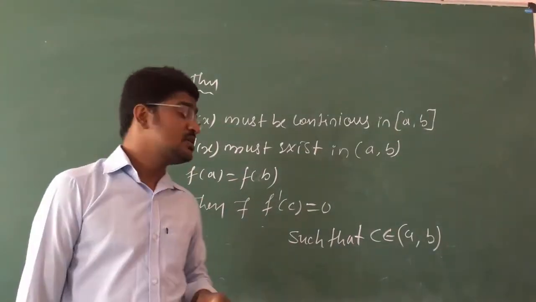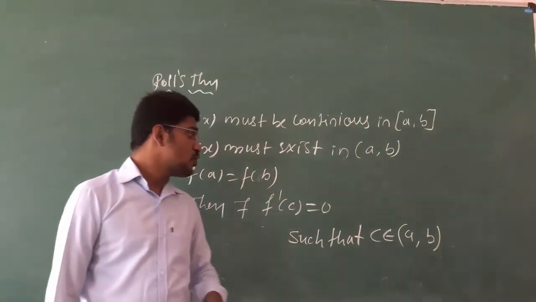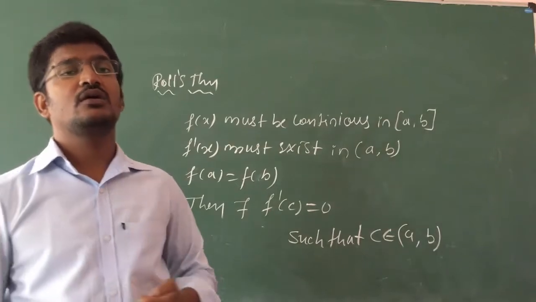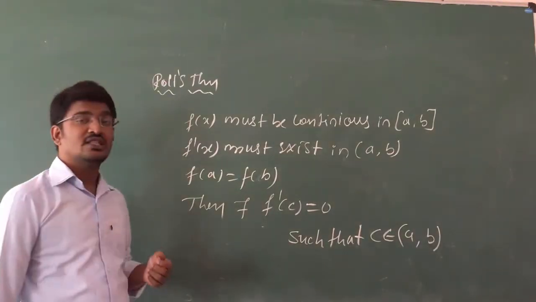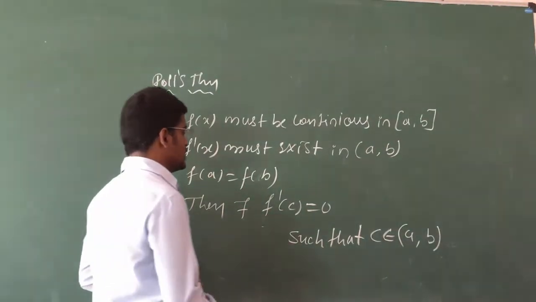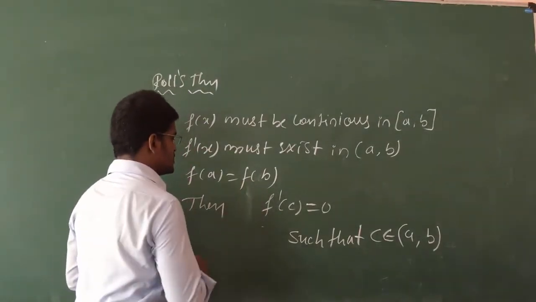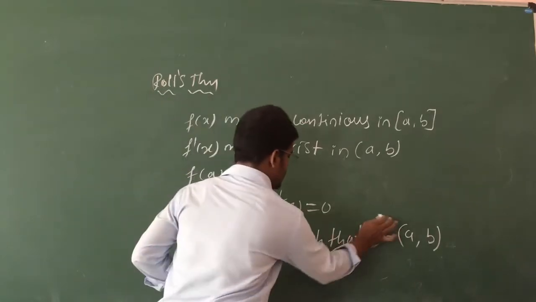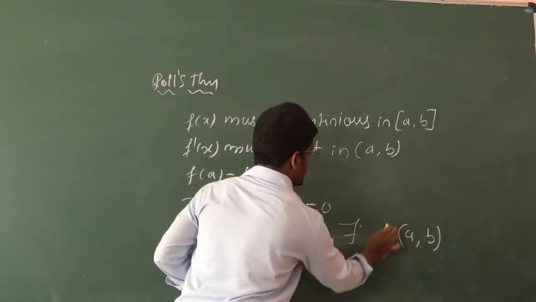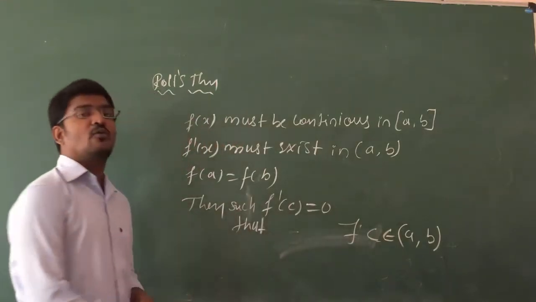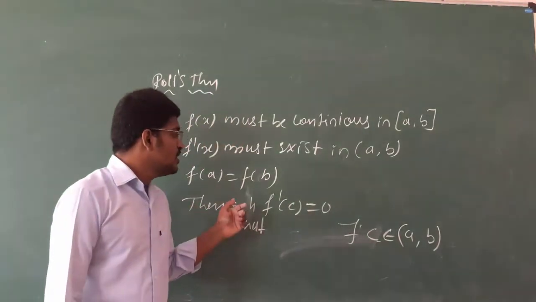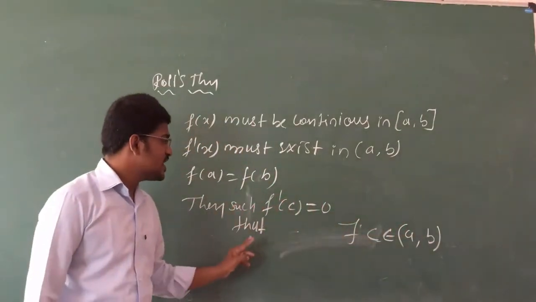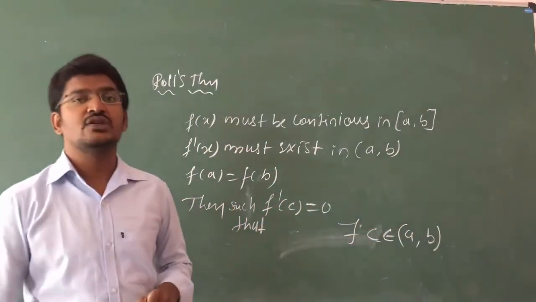Then there exists f dash of c equal to 0 such that c is in your open interval a comma b. Clear? Or you can say there exists c belongs to a comma b such that f dash of c equal to 0.